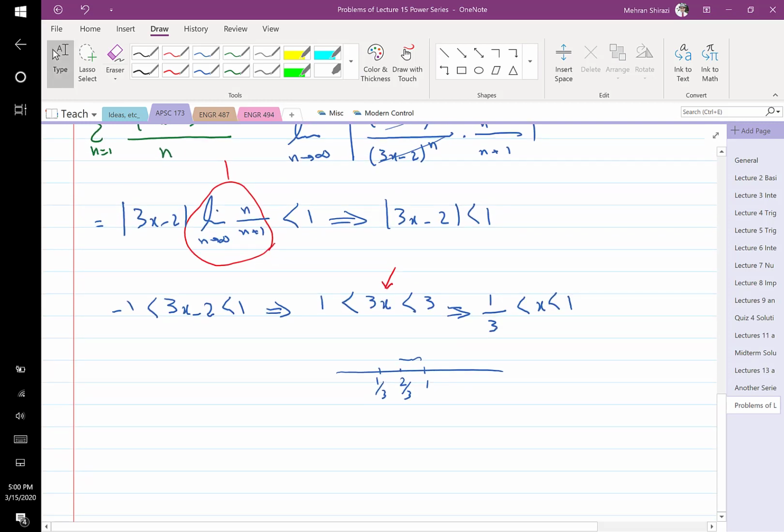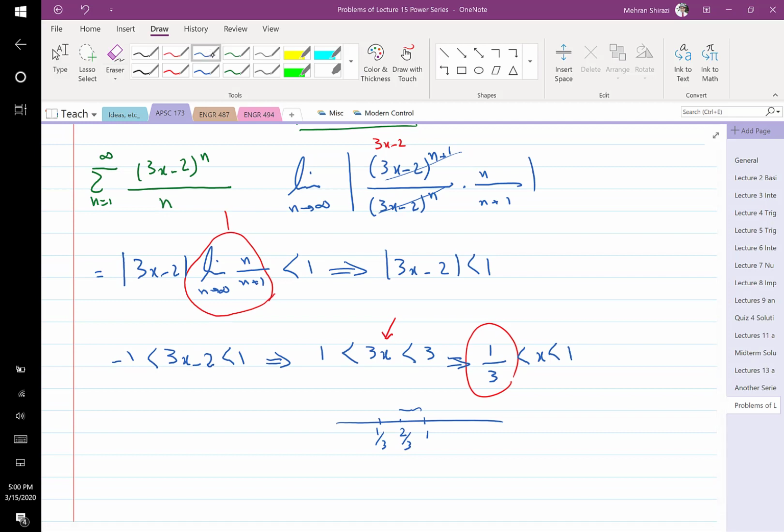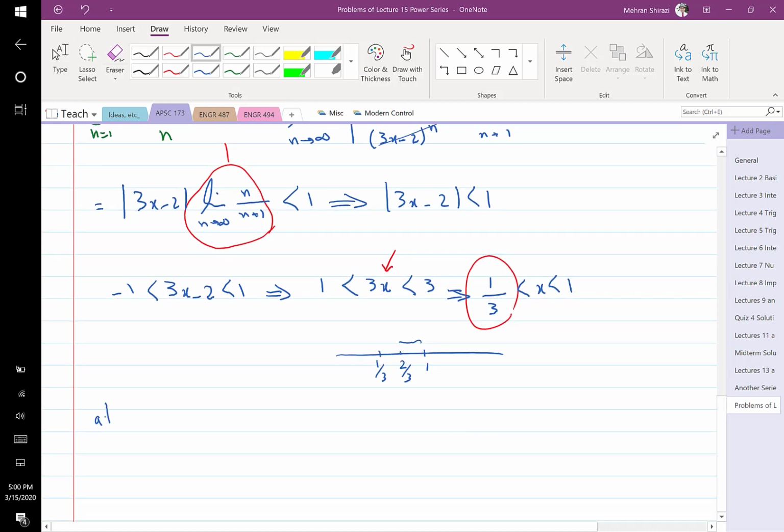We just need to check these 2 points. Let's start at 1 over 3. We are going to replace x with 1 over 3 in the original series. 1 over 3 times 3 is 1, minus 2 we have negative 1. So at 1 over 3, we have the series of negative 1 to the power of n over n, where n is changing from 1 to infinity.